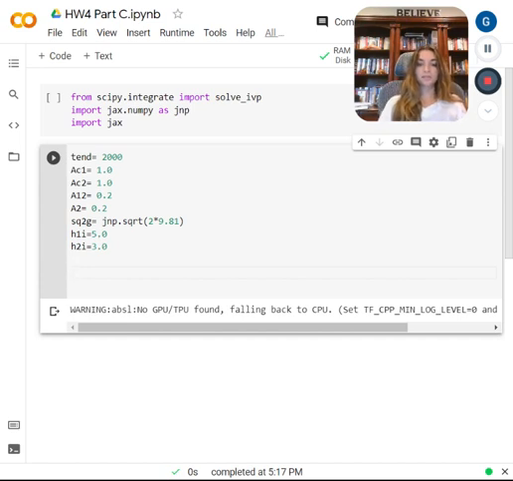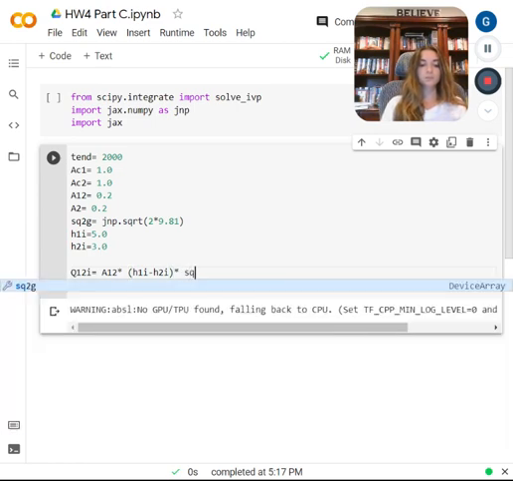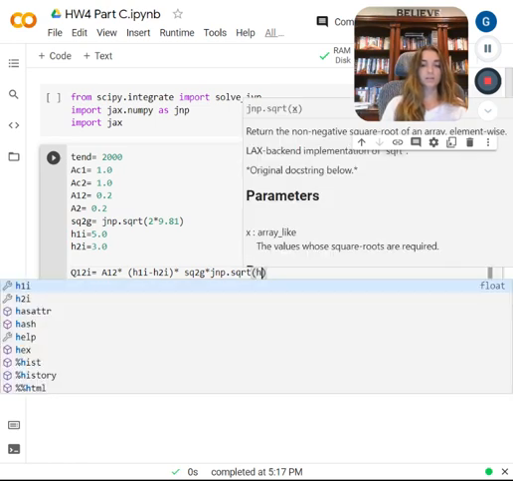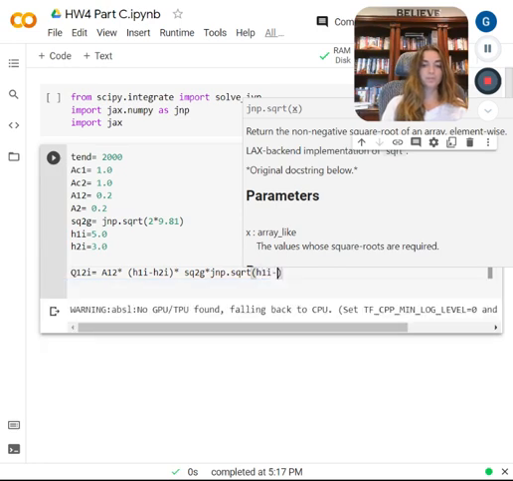And that is going to be Q1 initial, the area of our first tank times the initial height of tank 1 minus the initial height of tank 2 times the square root of 2g, so 2 times the gravity constant, times np.sqrt, taking the square root of our change in heights from tank 1 to tank 2, so H1I minus H2I.